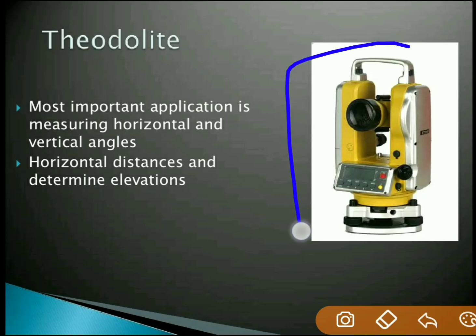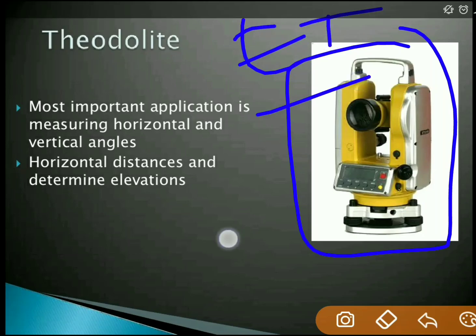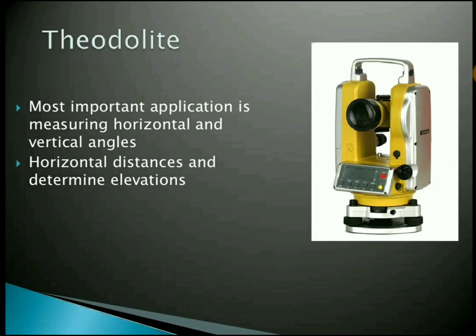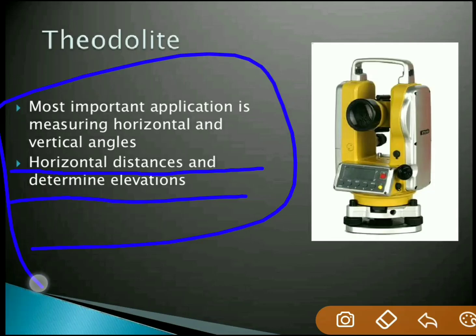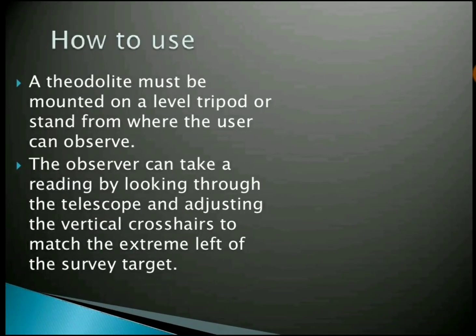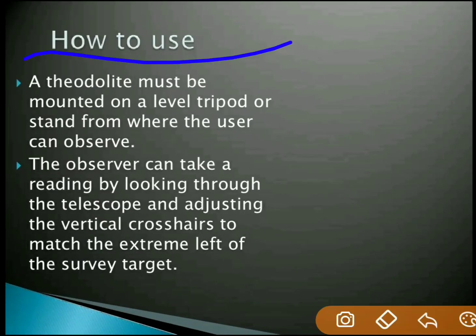Look here, this is the theodolite. This is the electronic theodolite. If you want to calculate the horizontal distance, we can calculate it. We can also calculate the elevations, meaning the vertical distance. Next, how to use the theodolite?